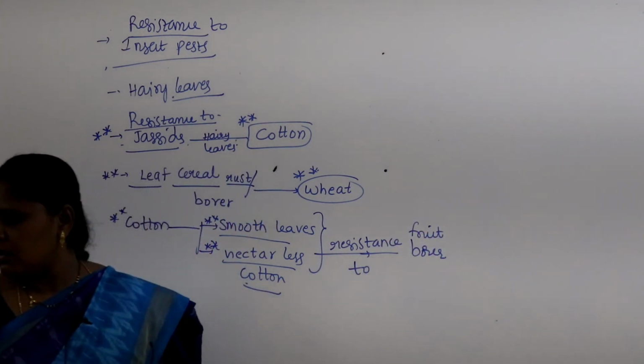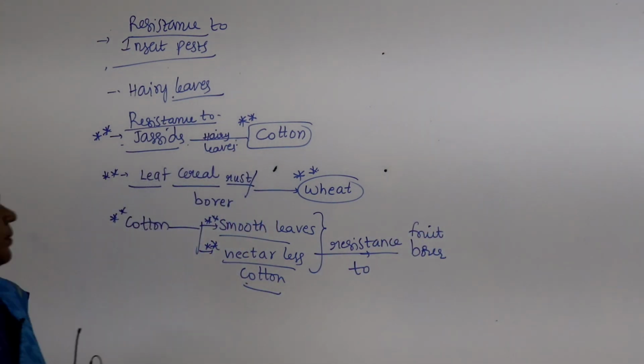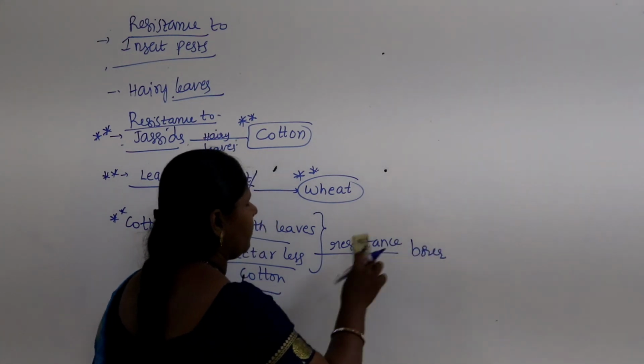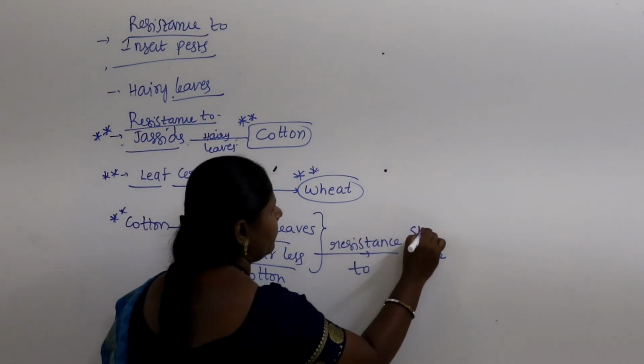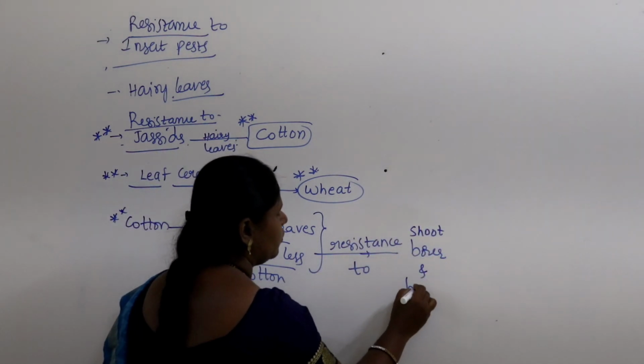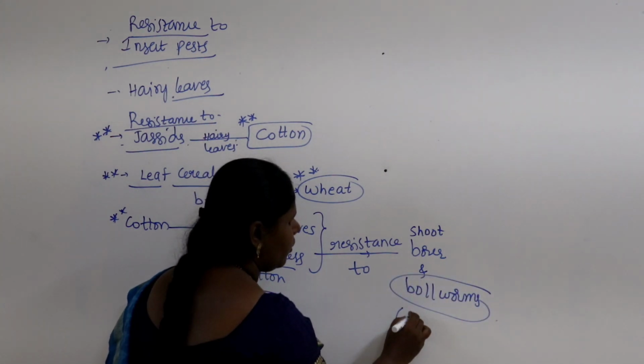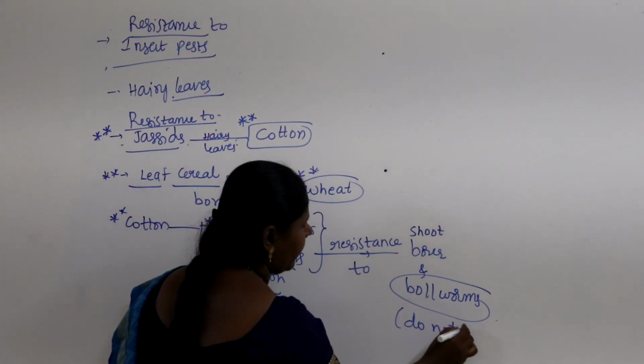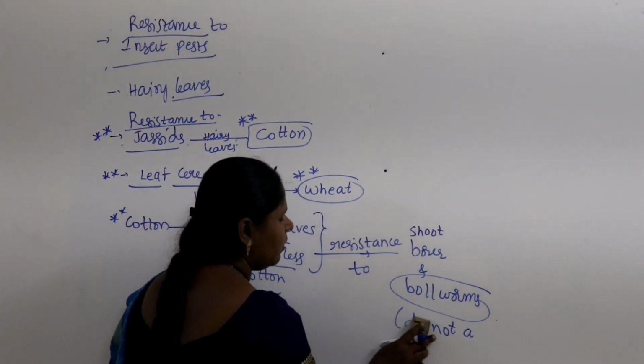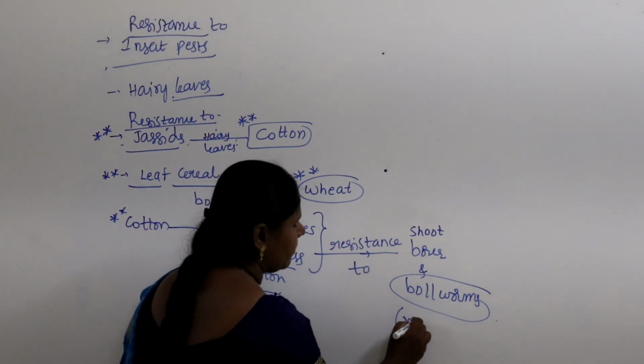Better you can write shoot borer. Shoot borer and also to bollworms. Bollworms are not attracted, better you write down, they are not attracted.